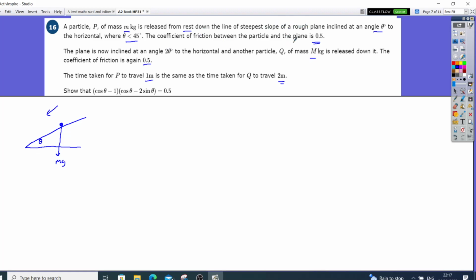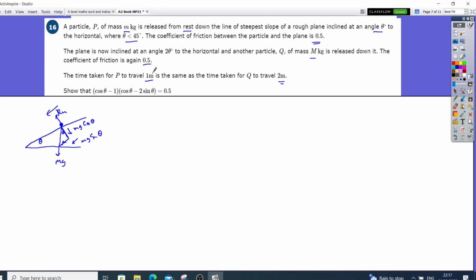The plane is rough. So what we've got here is theta, with mg sine theta coming down the slope, and the reaction opposing it, so coming down here is going to be mg cos theta.